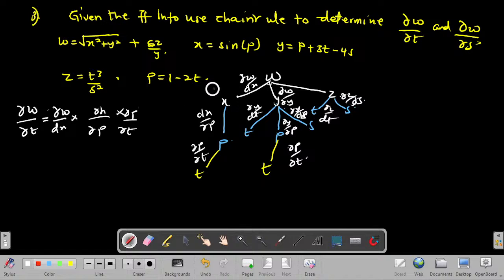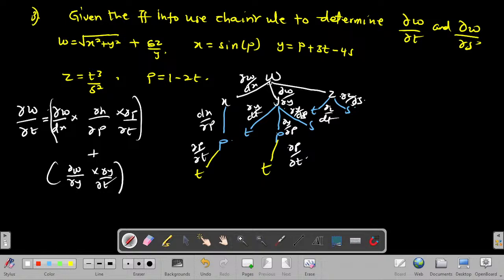This is just one way, in one bracket. Plus, you're not done. I can move from w to t here too. So I have the partial of w over y times the partial of y over t.